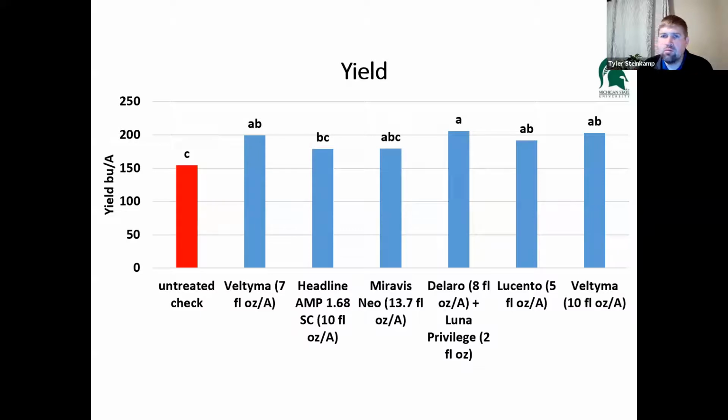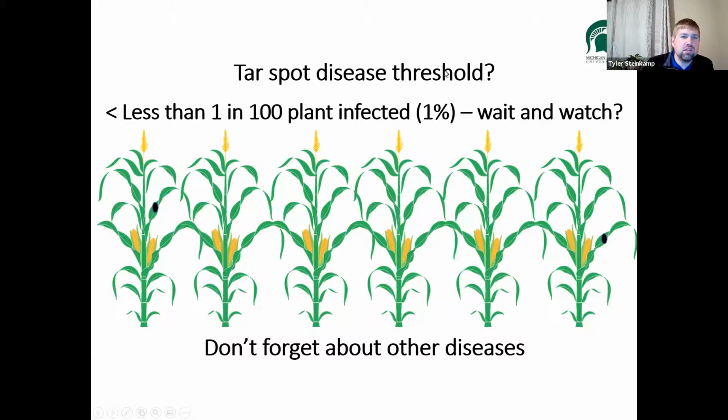Okay, so in the end with tar spot, the question often gets asked, well, what's the threshold for tar spot? Is it just one lesion? What is it? Okay. You need to be watching for tar spot because it does infect and move very, very quickly. So if you're seeing less than 1 in 100 plants infected, at that point, you're just going to wait.